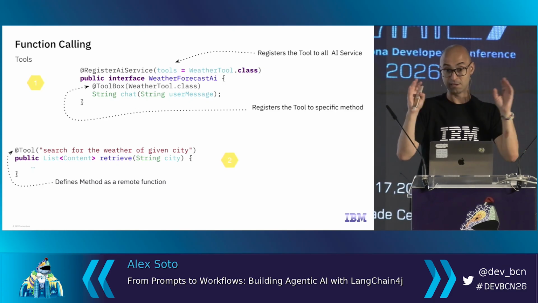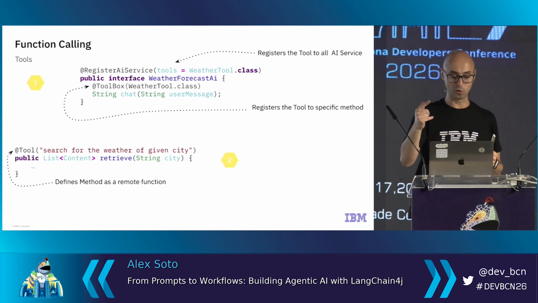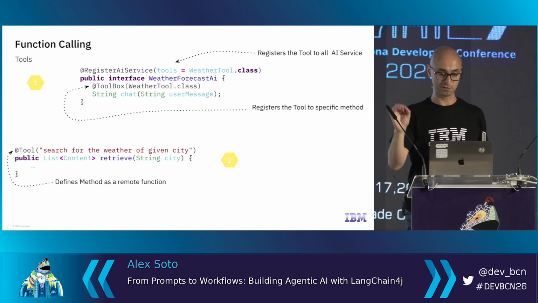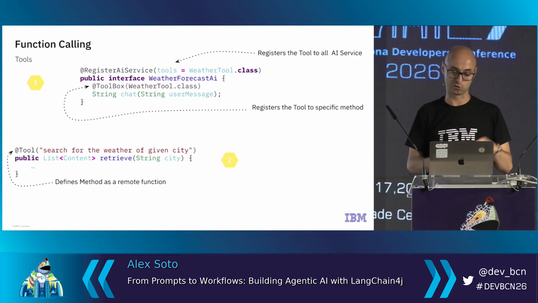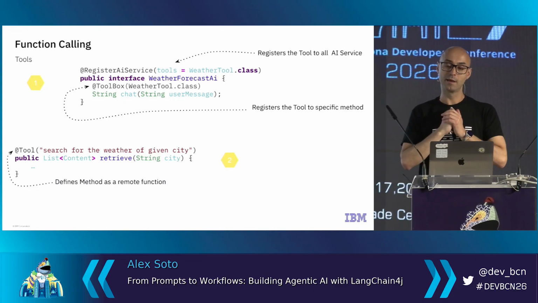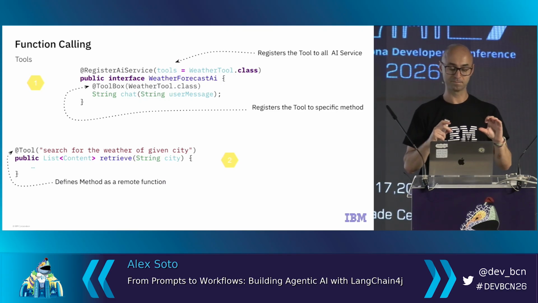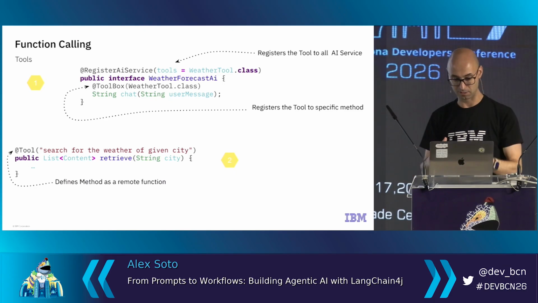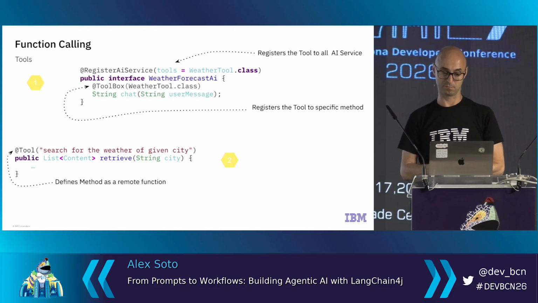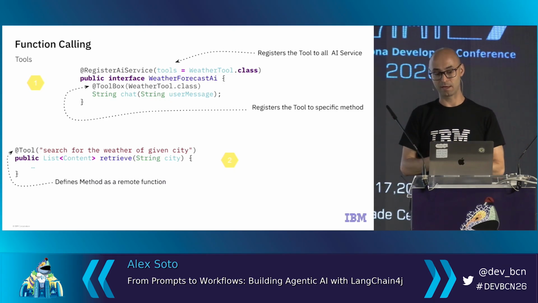It's a class that has a method or multiple methods annotated with tool. You put here the description, search for the weather of the given city. In this case, I'm also defining an argument. That's all. So with just this line of code, you are adding this method to the context of the chat interface or the chat method as well.